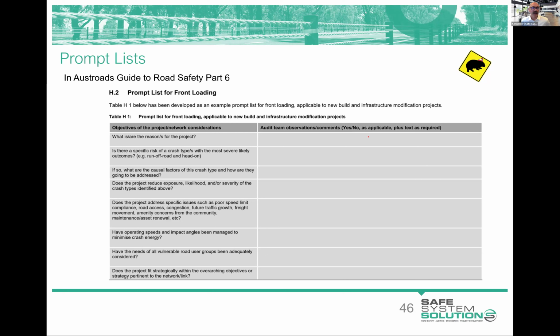Do they have any information that could help you around proposed speed limits, future land developments, future growth in traffic, and some general discussion around strategic objectives for the network and the like. That helps you gather context and starts you on the process of identifying some risks.